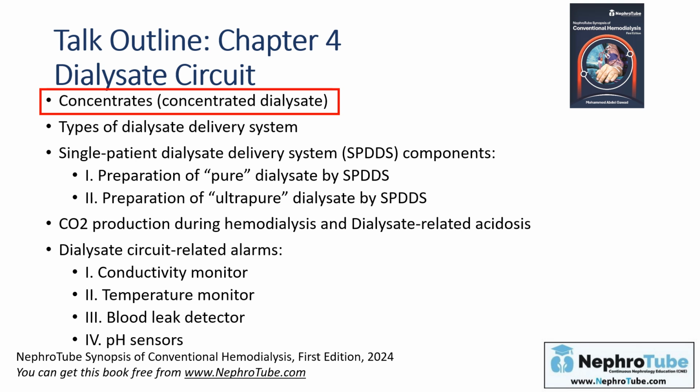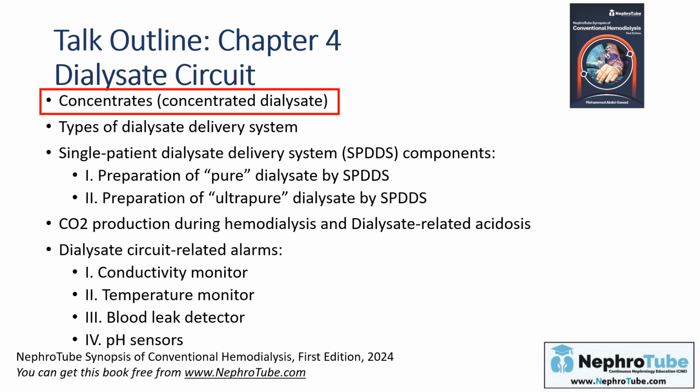We mentioned last lecture that the patient may use about 120 liters of dialysate. So it is not logical to prepare this large volume of dialysate in the factory, then transport it to the hemodialysis unit.